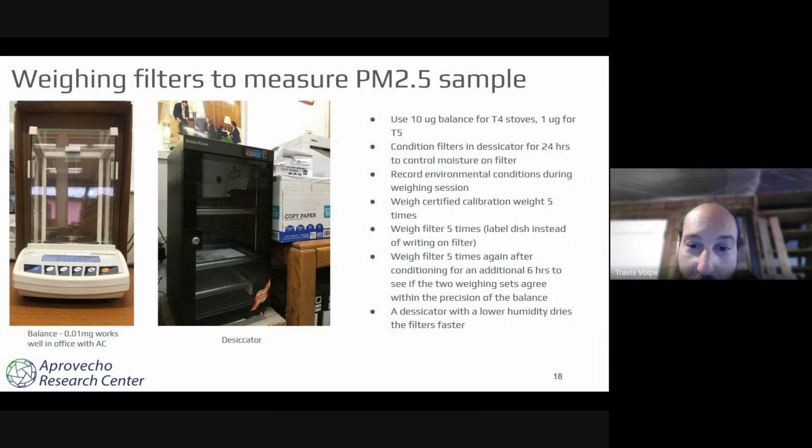We then weigh the filter another 5 times after conditioning for at least another 6 hours to ensure that the weights agree. A desiccator with a lower humidity dries the filters faster. Ours in the lab is set around 25%.